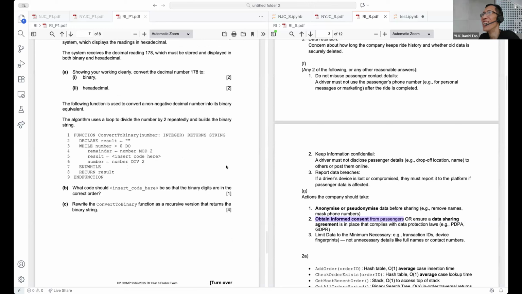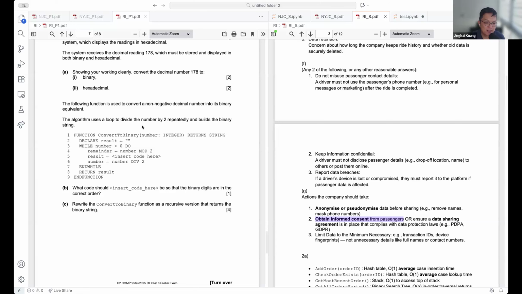Okay, what code should be inserted here so that the binary digits are correct? This one is divide by 2. Go ahead, insert code here: result. So this is basically adding to the result. Remember when we do this divide by 2 repeatedly method, at the end we take our remainders, but we start reading from the bottom to the top.